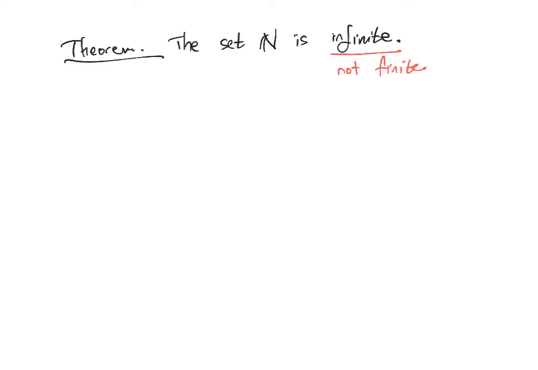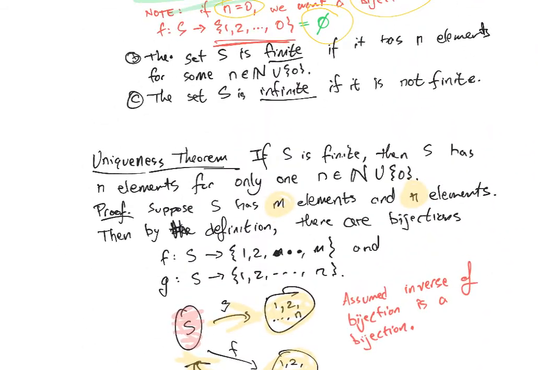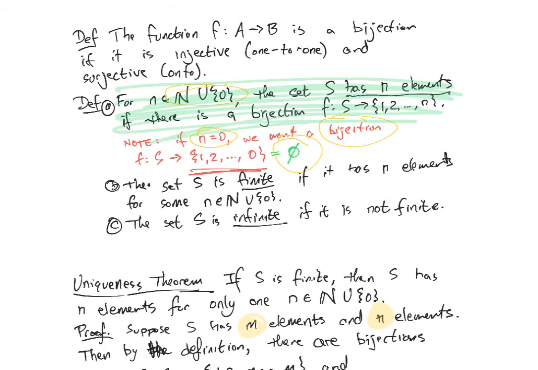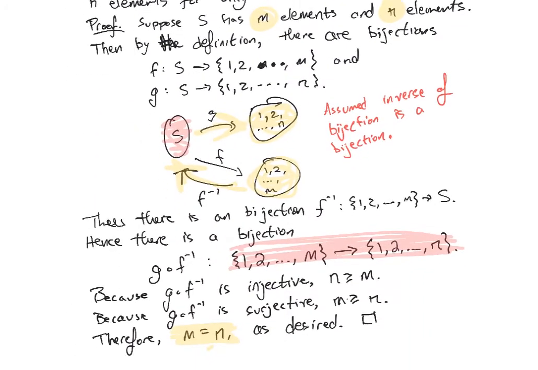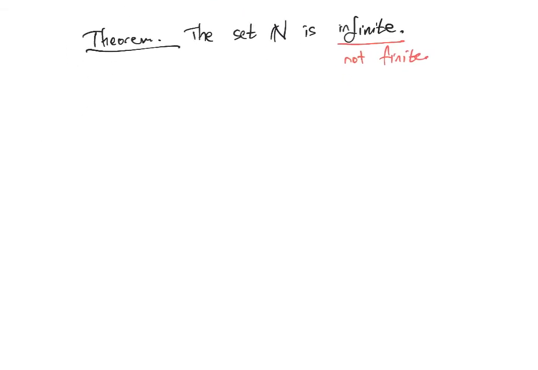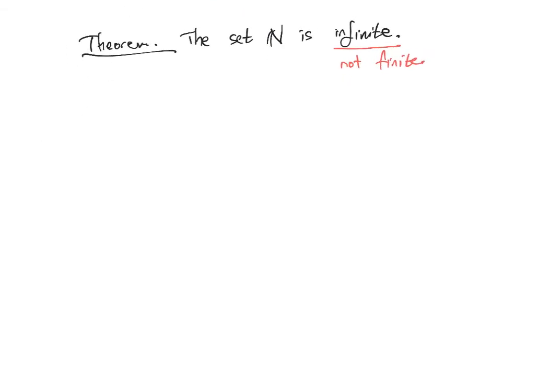Okay? So finite meant there was a bijection from your set into 1 through n. So what are we claiming here? That means that there is no bijection from the natural numbers into 1, 2, up to n.